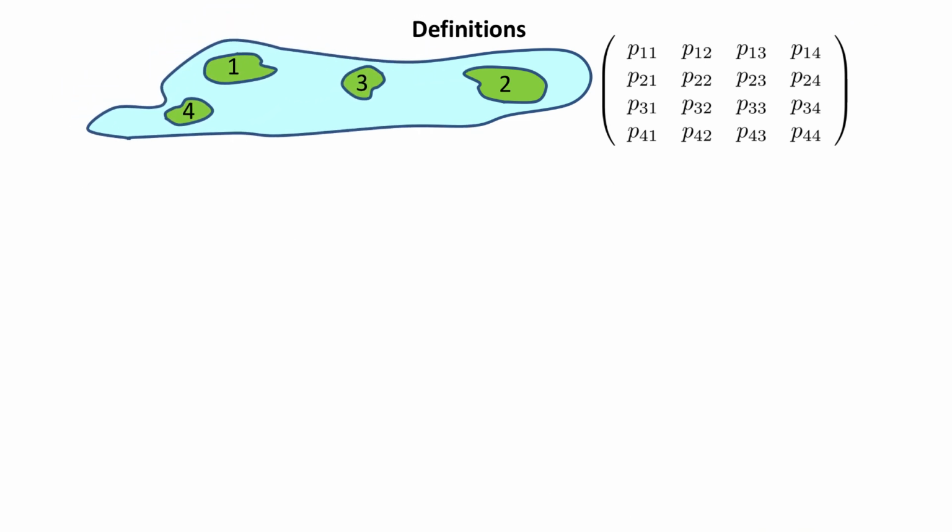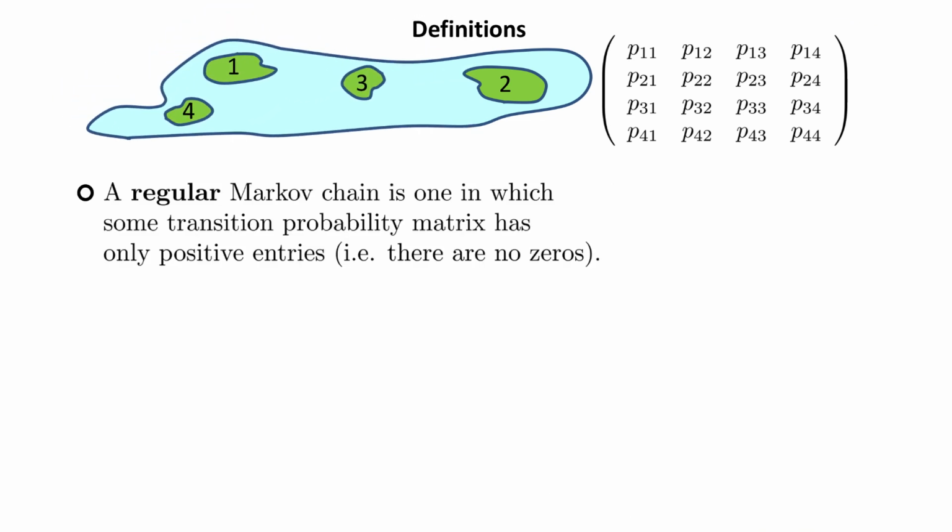Now, a couple of important definitions. A regular Markov chain is one in which the transition probability matrix has only positive entries. In other words, 0 is not allowed.